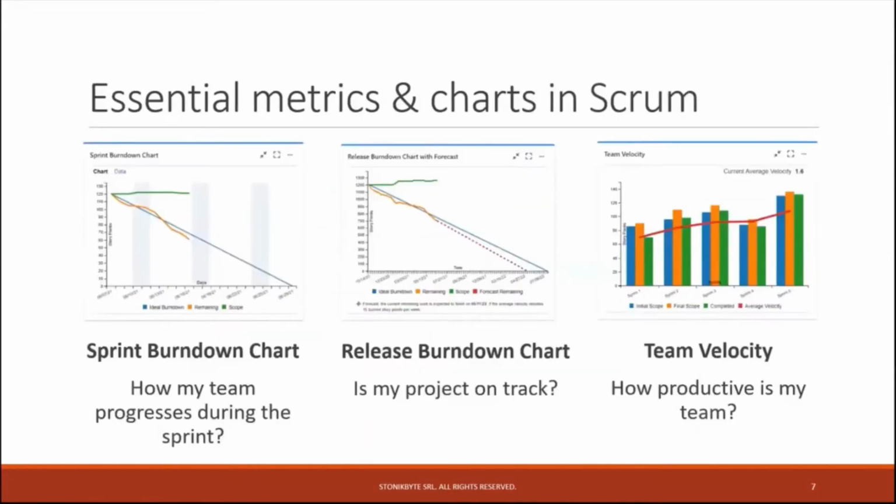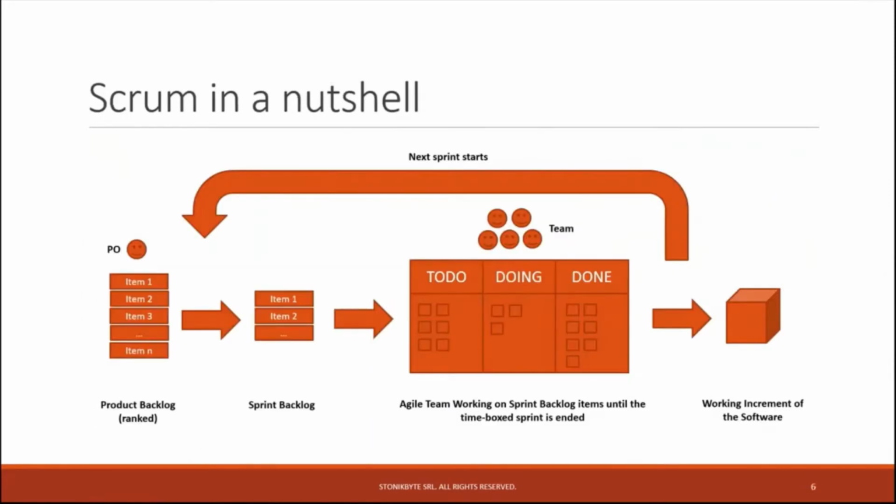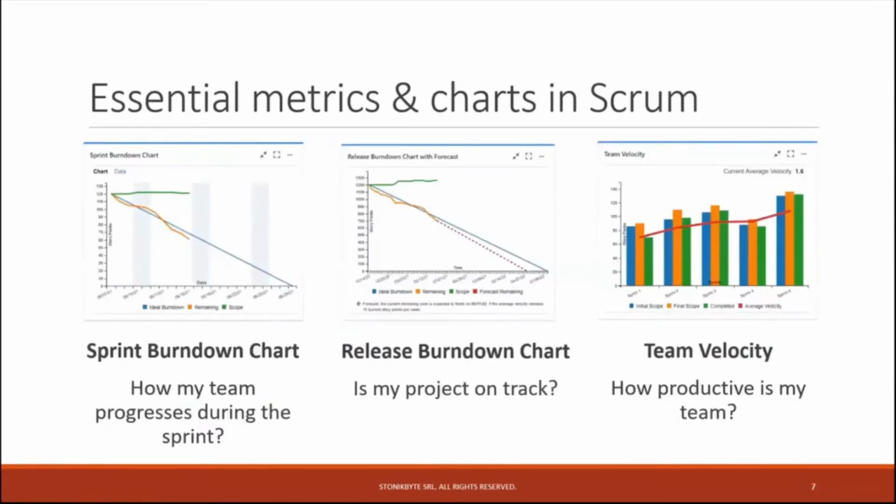Now, for this type of project or process, there are 3 essential metrics and charts that you, as a Scrum Master or as an Agile project manager or as a team member, should look at. First is the sprint Burndown chart. The sprint Burndown chart helps you see how the team progresses during the sprint.